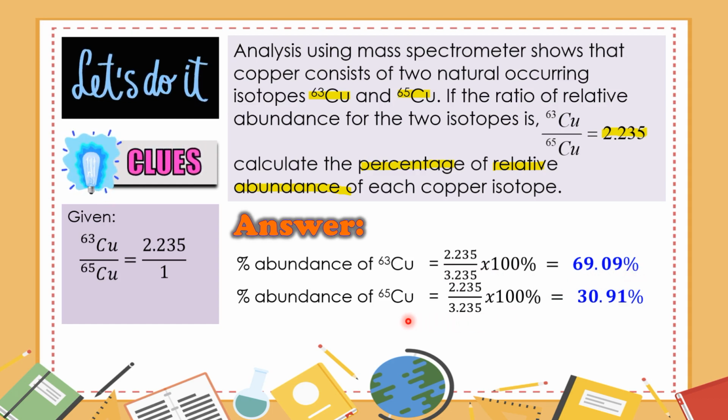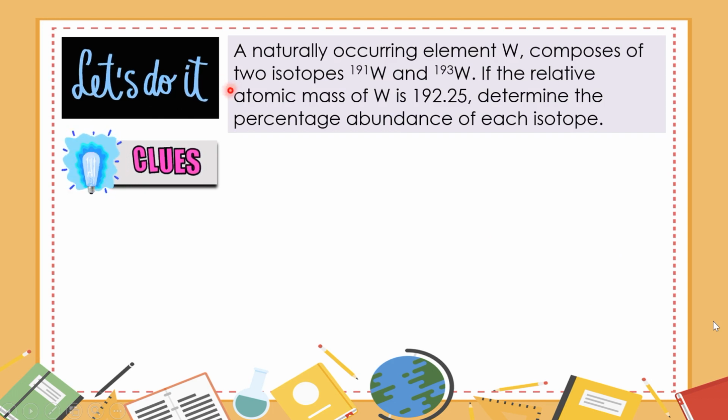Same thing goes for copper-65. The ratio of copper-65 divided by the total ratio times 100%. The answer for copper-65 is 30.91%. Right, so this is the last question for this topic.